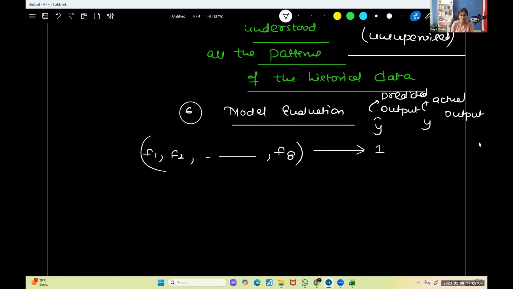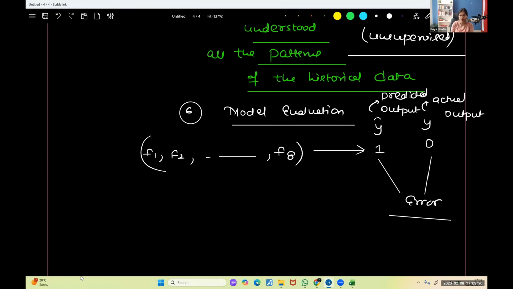So when you feed these features from F1 to F8, and you get the final predicted output as 1, but your actual output is 0, in that specific context this is what we call an error.